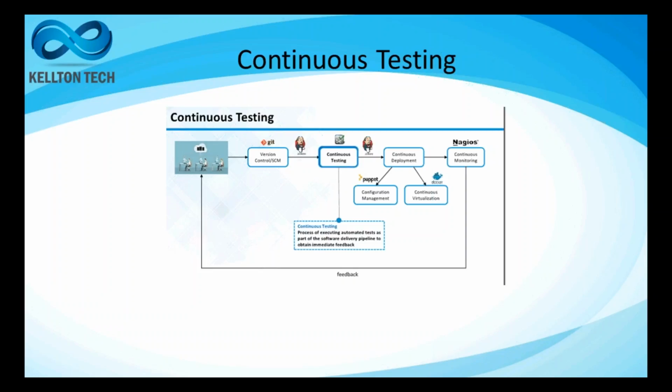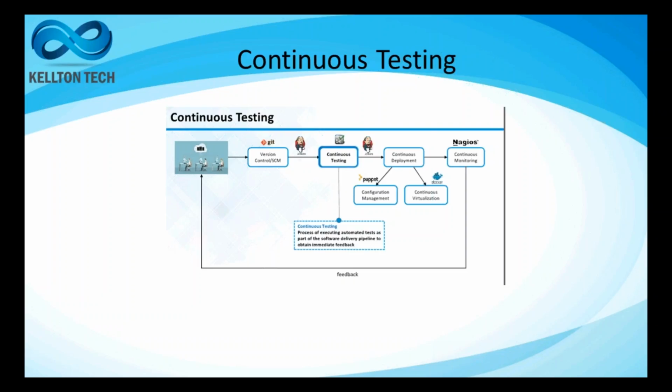Continuous testing is a part of the DevOps implementation. Continuous testing is involved in various stages, like development environments, QA environments, UAT environments, integration environments and functional testing environments.